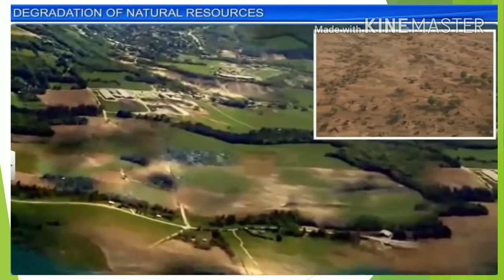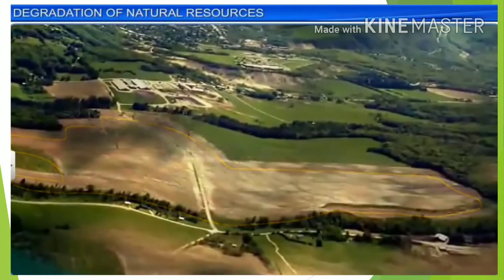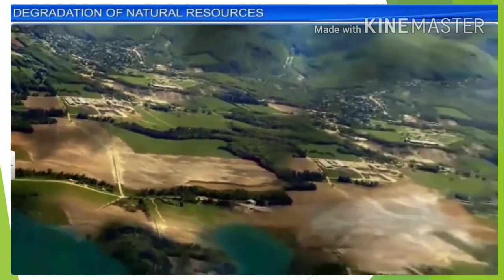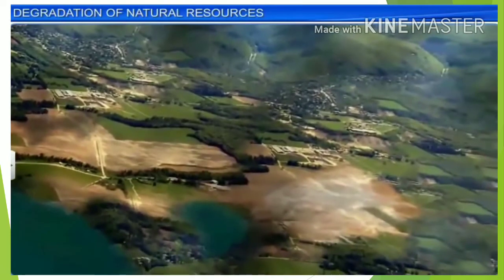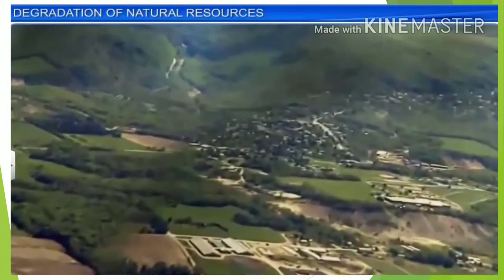When large patches of such arid land meet, a desert is formed. This phenomenon is called desertification. In fact, rapid urbanization has increased desertification, which is a major problem worldwide.